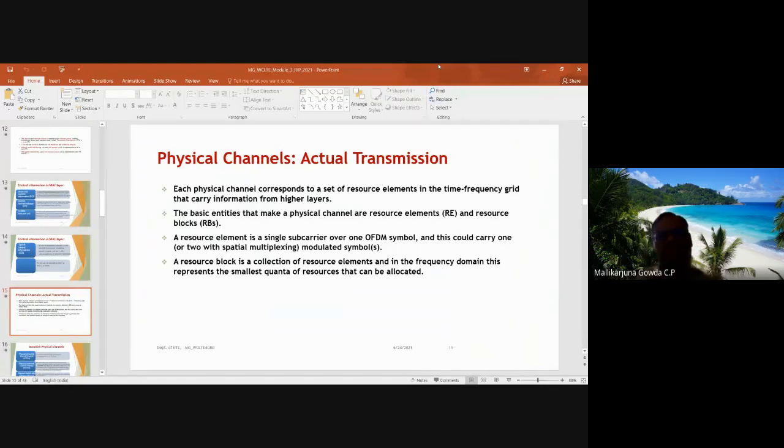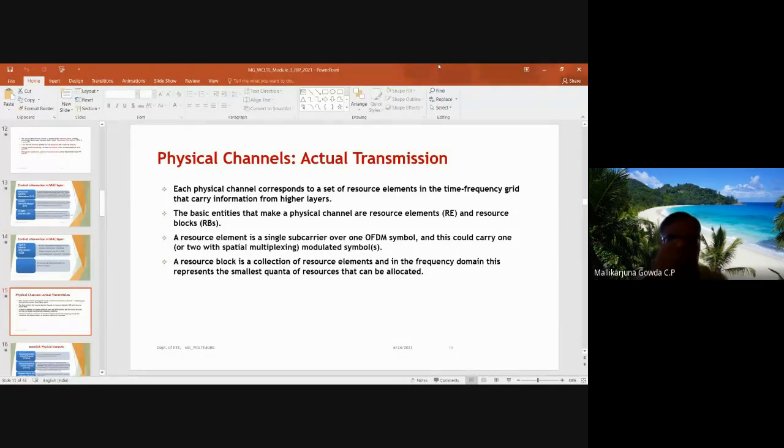You all know the physical channels carry the actual transmission of information, right? So each physical channel corresponds to a set of resource elements. I hope you know by this time what a resource element is, and that you can visualize the time frequency grid I discussed in the earlier classes. One symbol with one subcarrier frequency is known as the resource element.